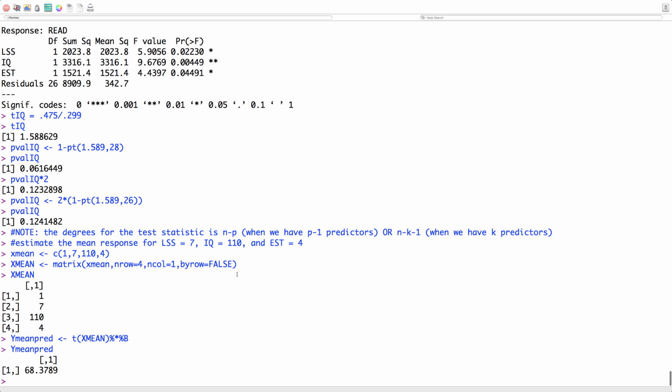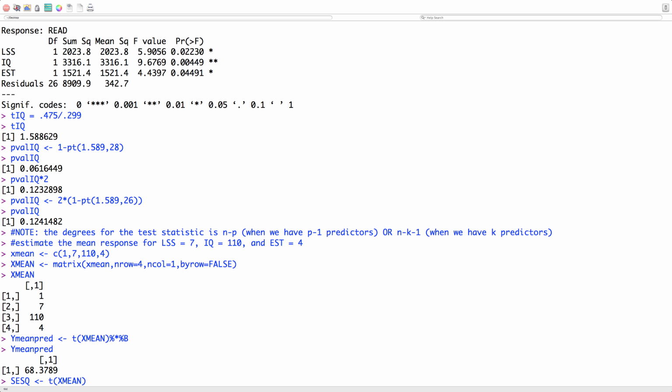Now we're going to run into problems multiplying by the mean square error like we did before. So let's just do this. So let's take, we called this what, the transpose of x mean, right?